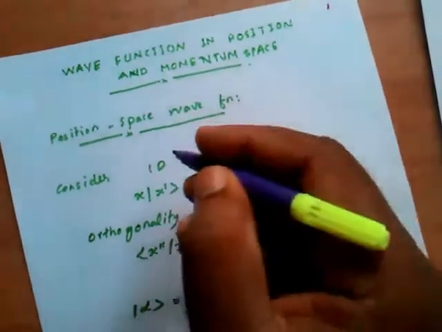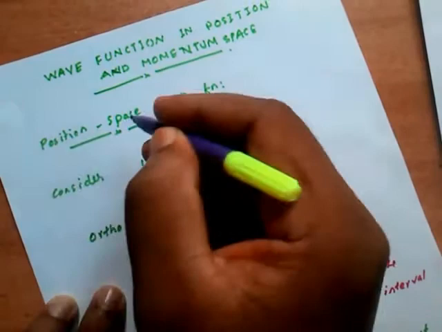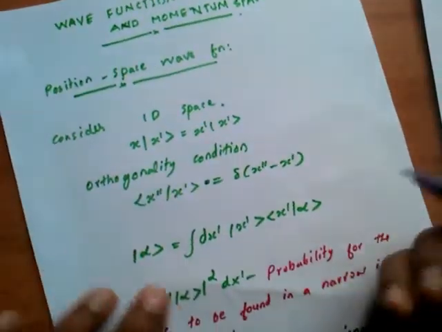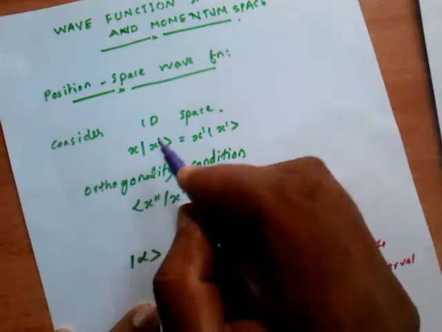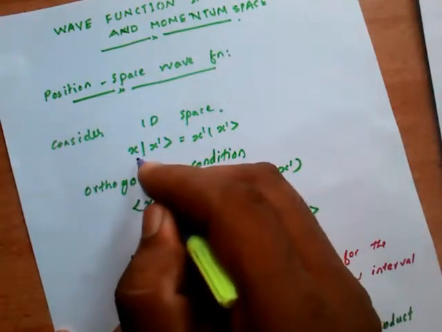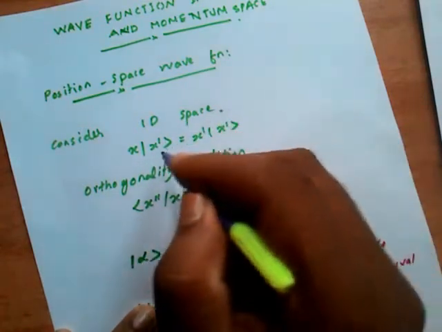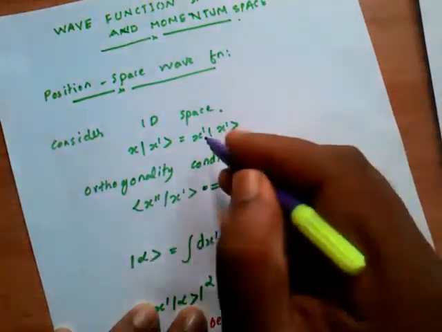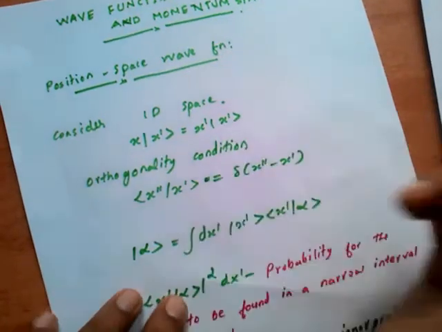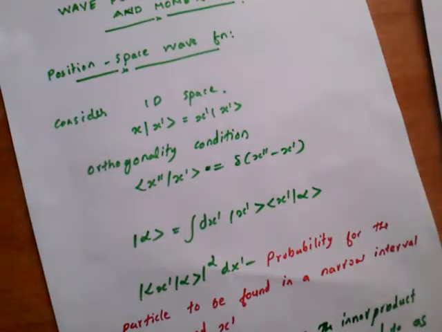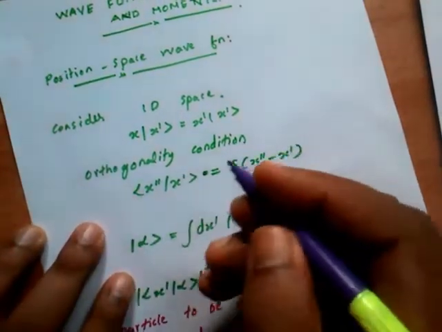First of all, let us discuss position space wave function. Consider a one-dimensional space. An operator x is operating on a state ket x dash, position ket x dash, and we will get an eigenvalue x dash and ket x dash. Let me denote the orthogonality condition also.